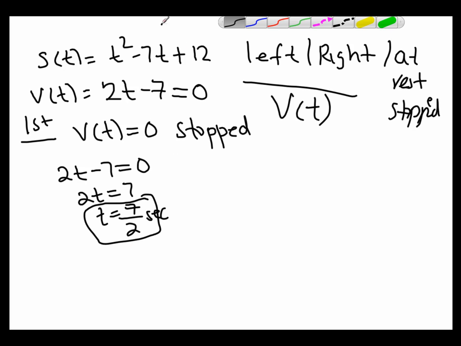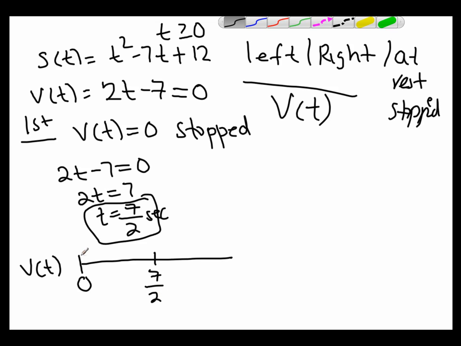So now, since you're given that the time starts from 0, you do a sign chart for the velocity function. I know that I start from 0, and I know that it stopped at 7/2. So what I want to know now is what happened from 0 to 7/2. Was it on the left? Was it on the right? But I know that at 7/2 or 3.5 seconds, the object has stopped.